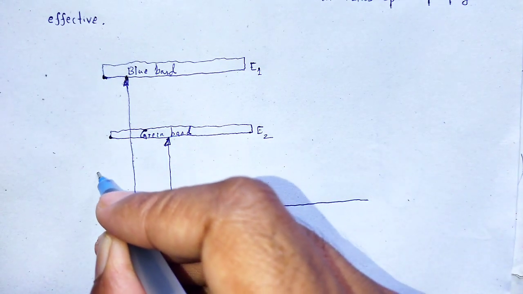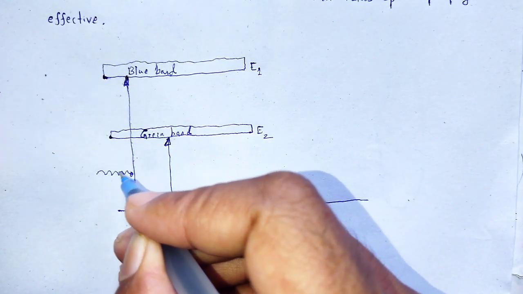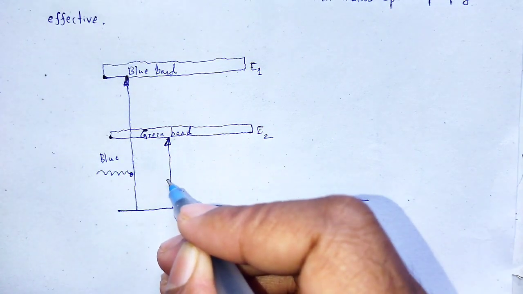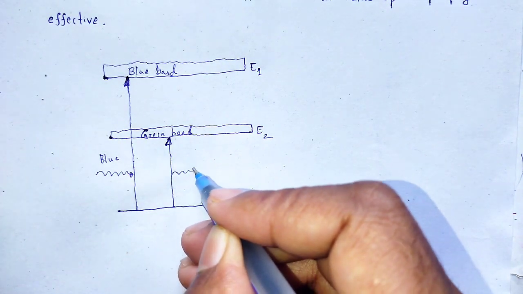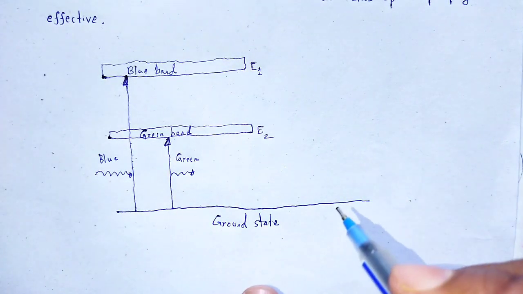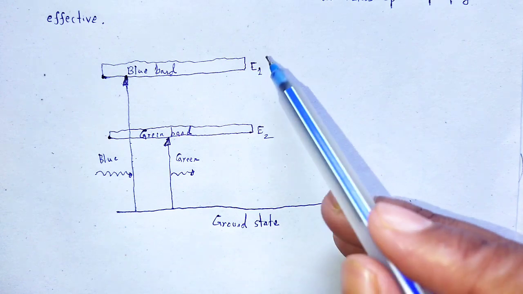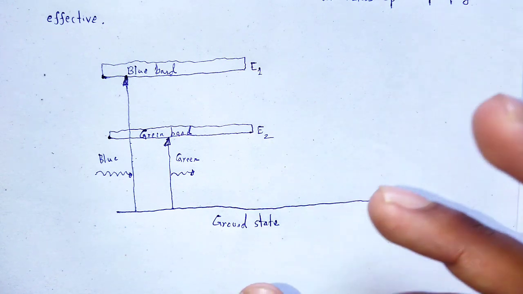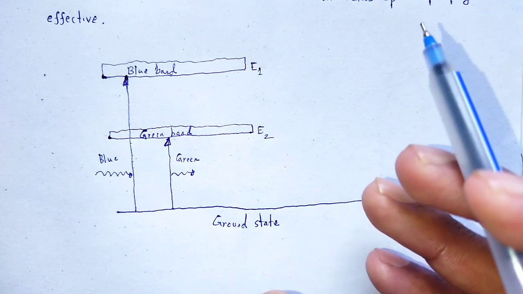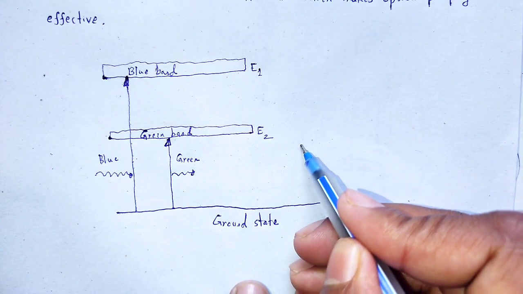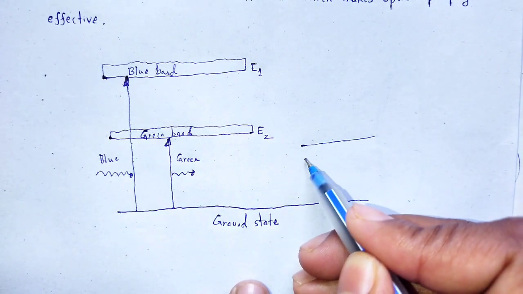Here blue light, there green light, and these excited states have their own metastable states. It has the metastable states.